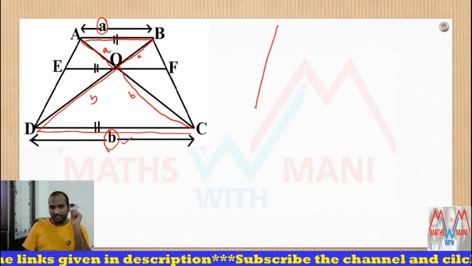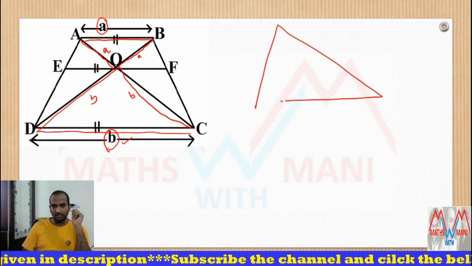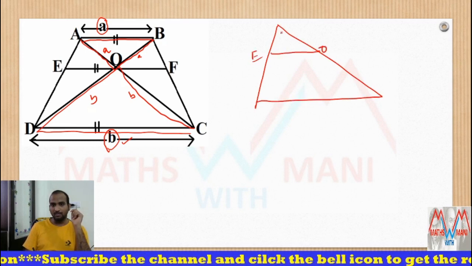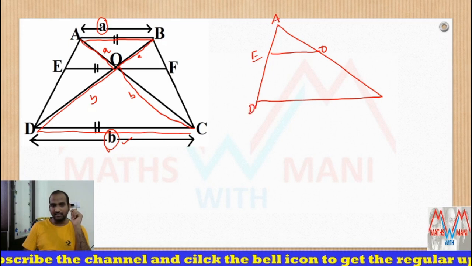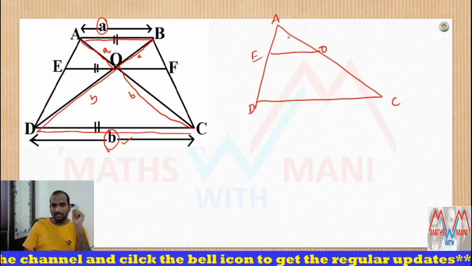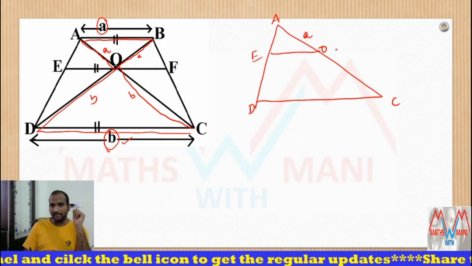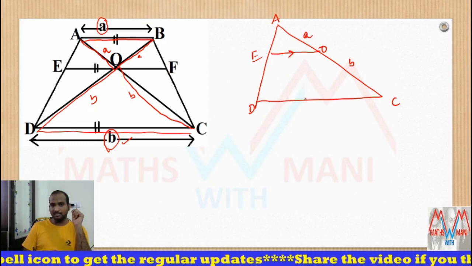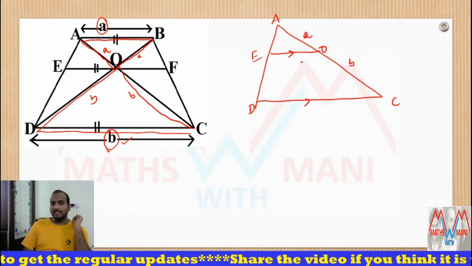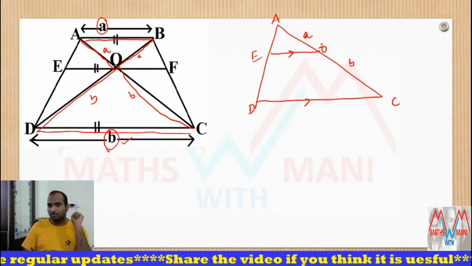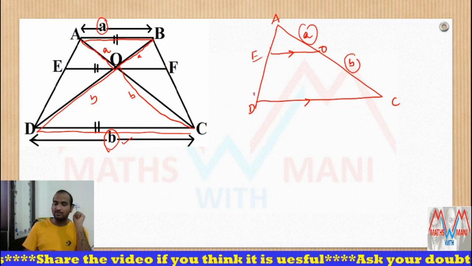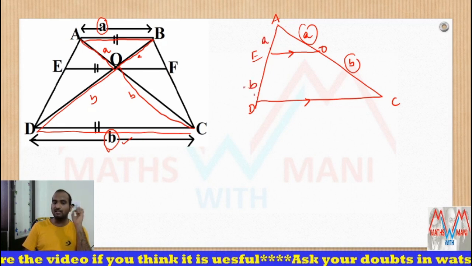That means in the triangle ADC, with E and O marked, what is the ratio of AO is to OC? a is to b. And EO is parallel to DC. Using Thales theorem, if AO is to OC is a is to b, then AE is to ED is also a is to b.